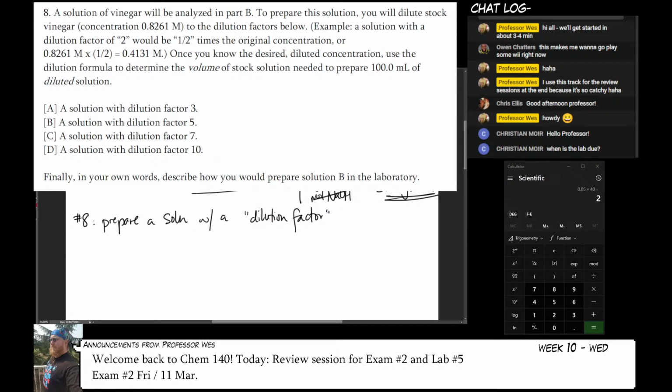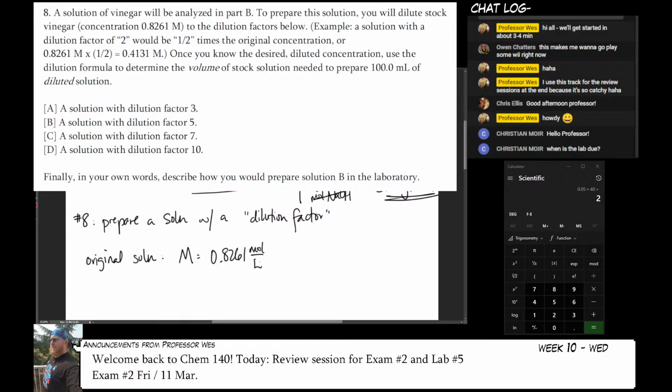This is a terminology that we use to say, okay, I want my concentration to be reduced by a factor of whatever. So let's suppose that my original solution had a molarity of 0.8261. So this is my original vinegar solution that we're going to use in part 8.